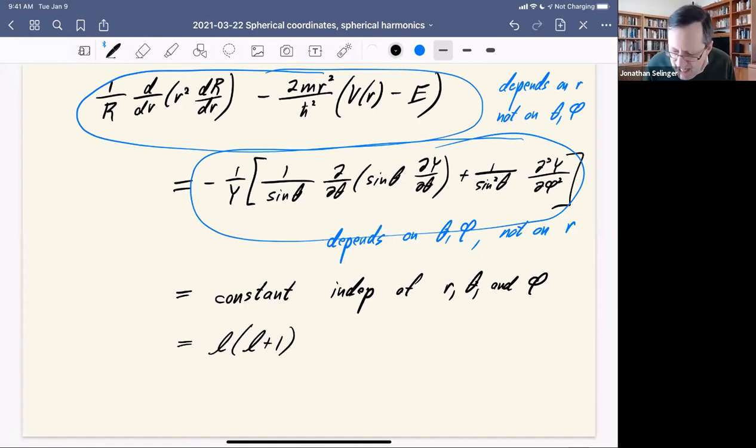So based on choosing this constant, we now can separate our time-independent Schrodinger equation into two equations, one radial equation and one angular equation. So let's write them out separately.